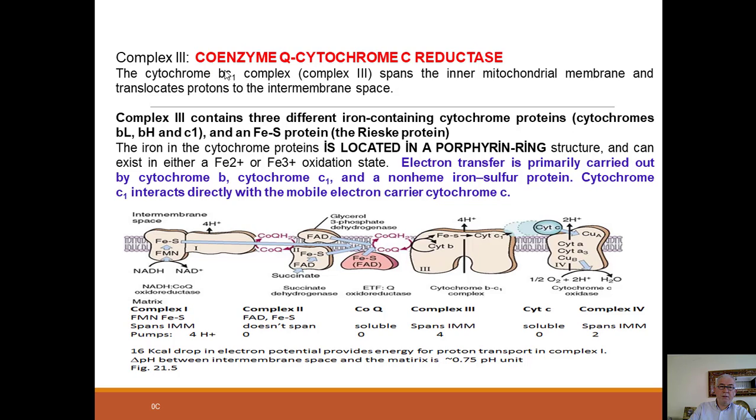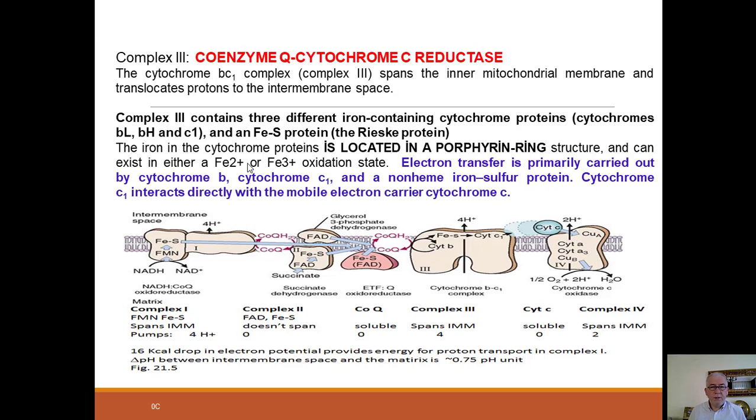And complex 3 is called coenzyme Q cytochrome C reductase. This cytochrome b and c1 complex, called complex 3, spans the inner mitochondrial membrane and translocates protons to the intermembrane space, and it also transports electrons from ubiquinone to complex 4.